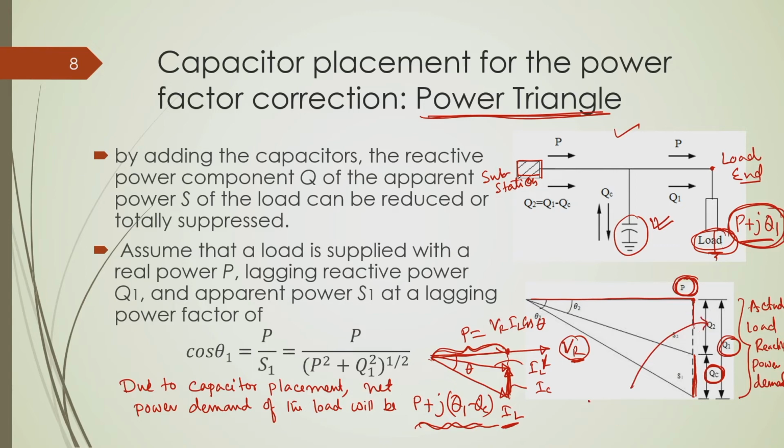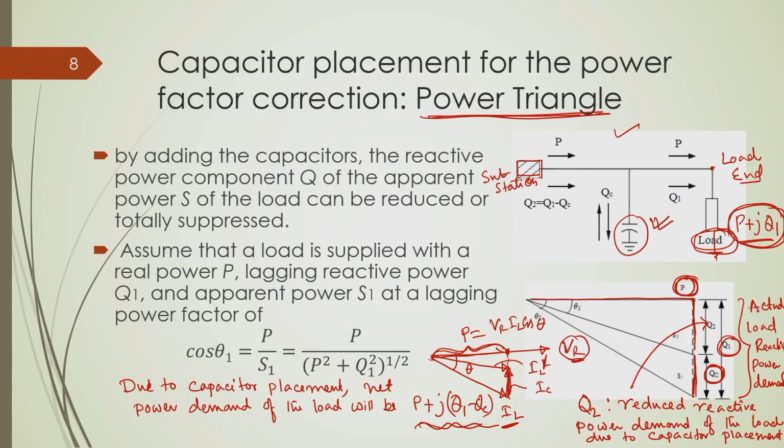So Q 2 is the reduced reactive power demand of the load due to capacitor placement.